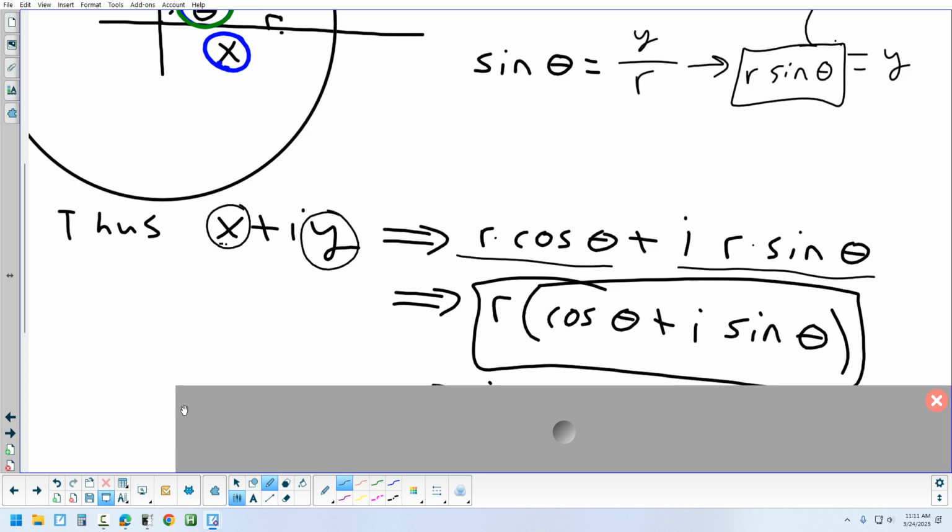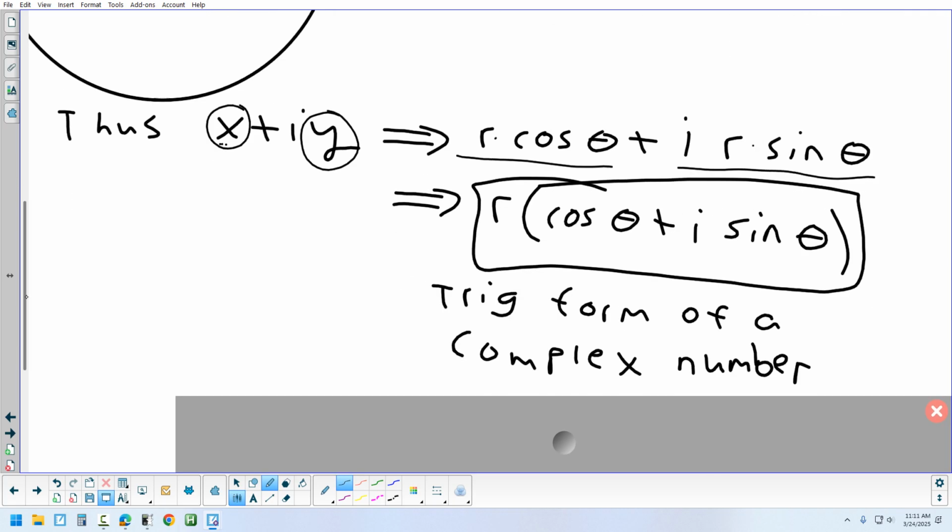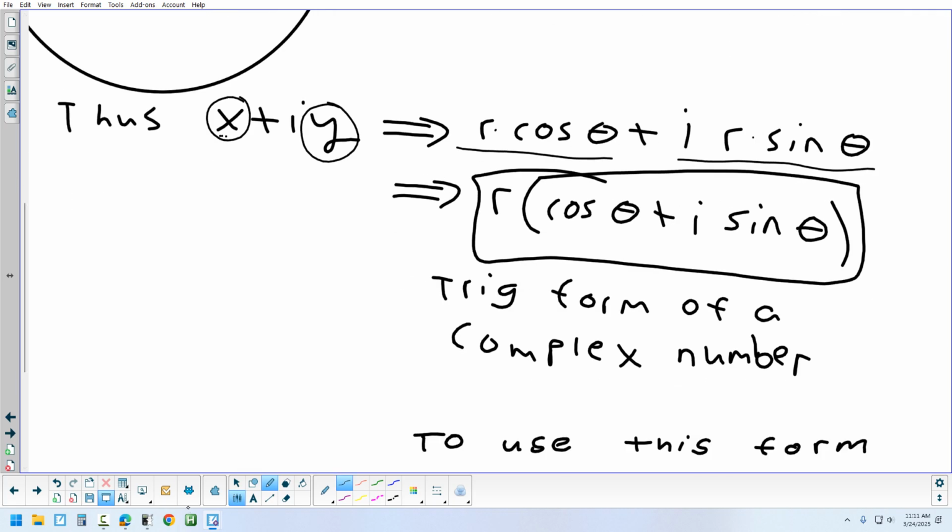If you distributed this back out, you'd have r cosine theta plus I times r sine theta. And that is the trig form of a complex number. R, and then in parentheses, cosine theta plus I sine theta.